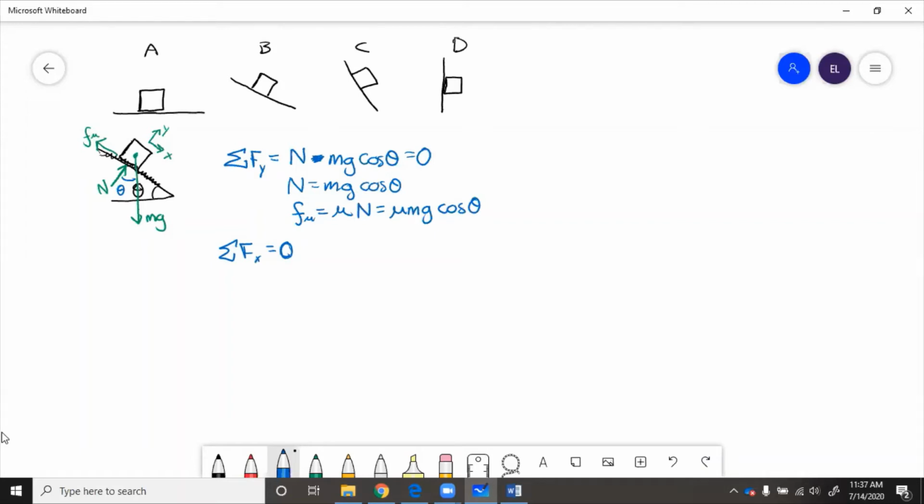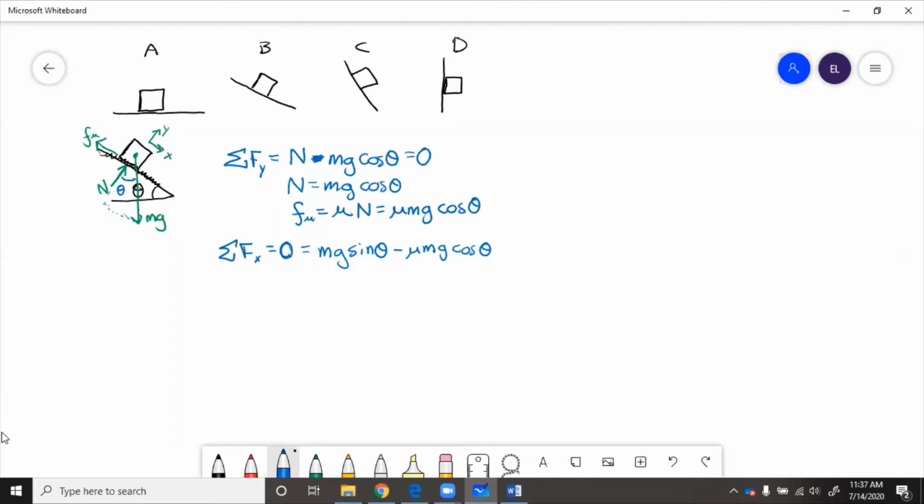So what points down? Well, we have a component of the weight. It'll be the sine component because it's this part right here. It's the sine of that angle. mg sine theta. And then the friction force points back up. Minus mu mg cosine theta.